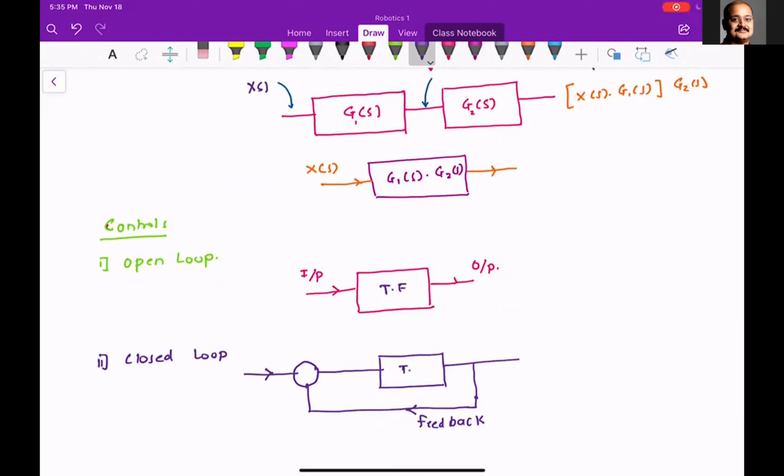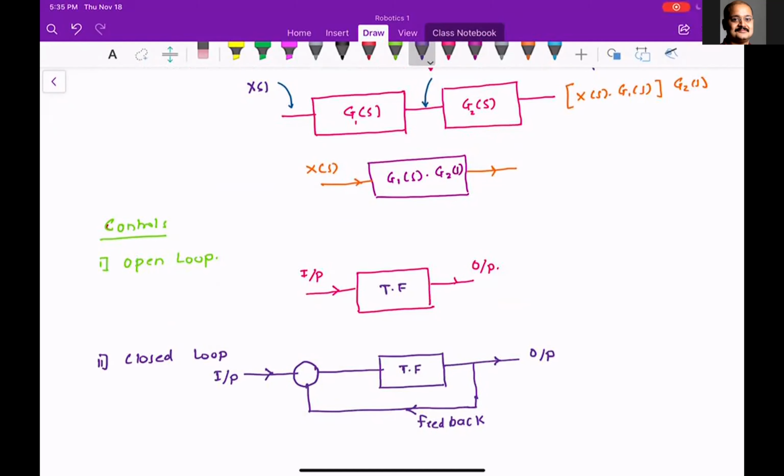Here you have an output and an input. In an open loop system, there is no feedback coming from the output. In the closed loop system, you have feedback coming from the output.